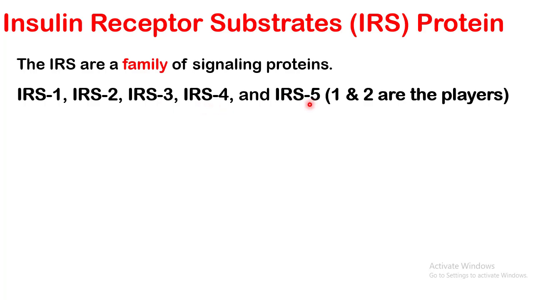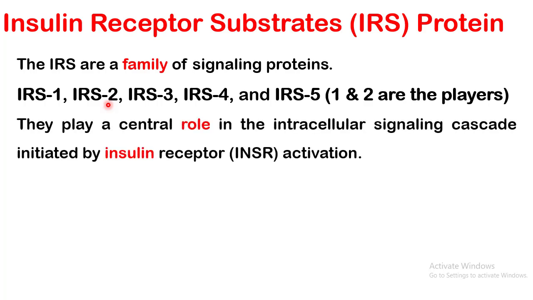Whenever you talk about the insulin signaling pathway in the context of glucose metabolism, the main players are IRS1 and IRS2. These IRS1 and 2 are going to bind to the phosphotyrosines of the beta subunit of the insulin receptor.